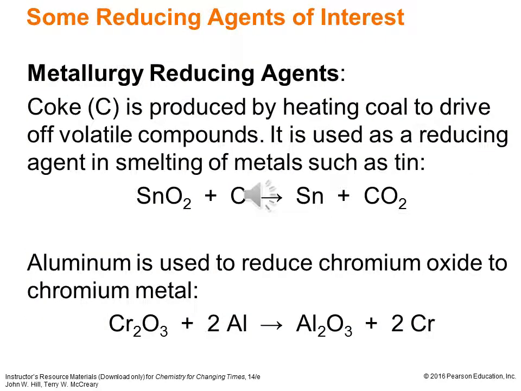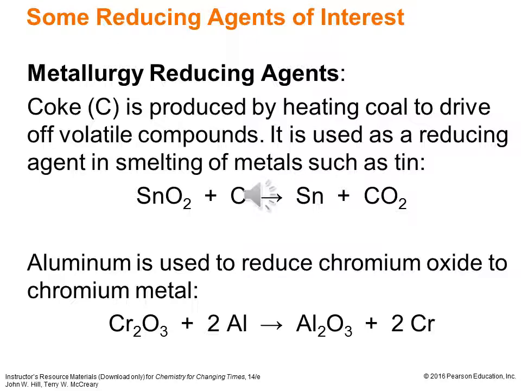Well, we don't have so many reducing agents of interest, but if you are a metallurgist or interested in how we make metals, commonly it's done by using coke, which is a form of carbon, like graphite, only just a different variety.